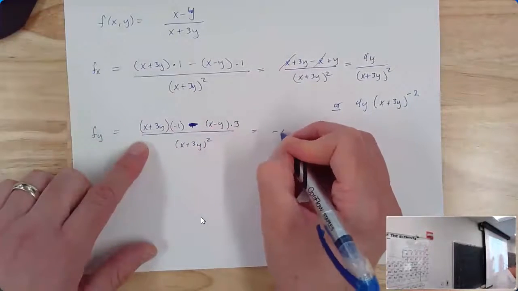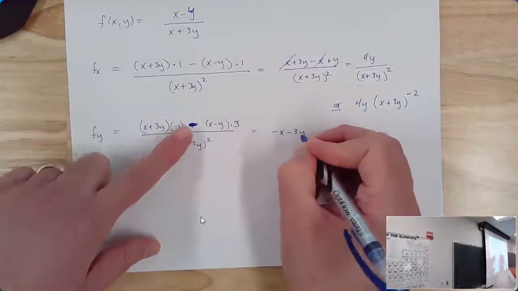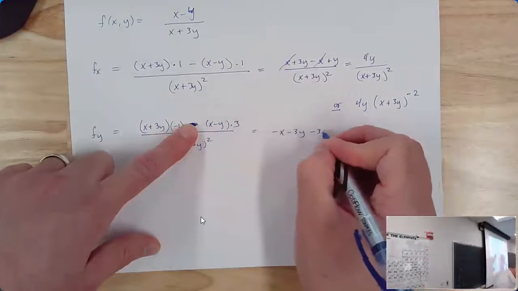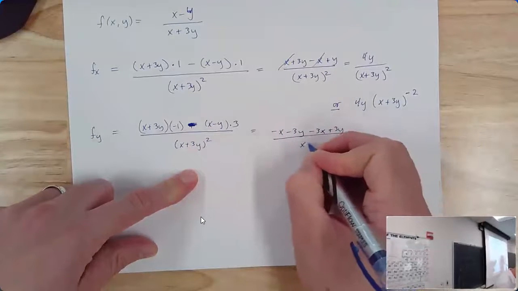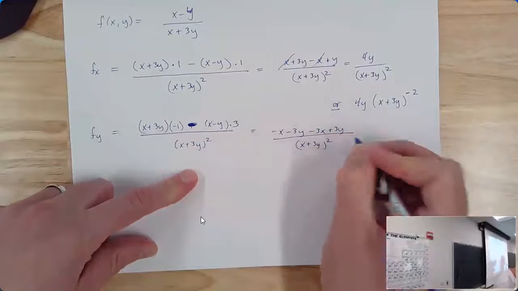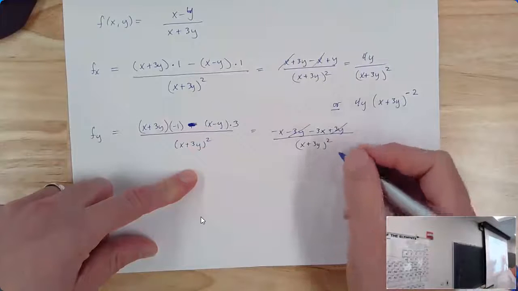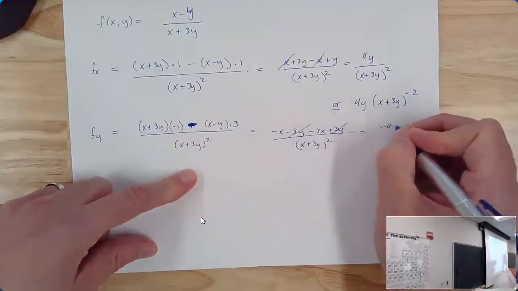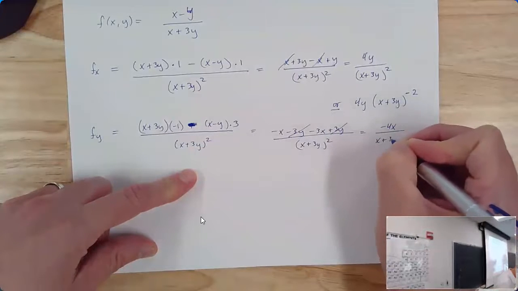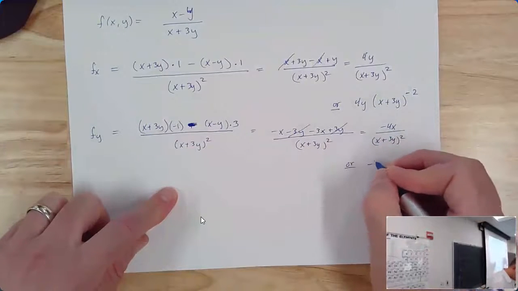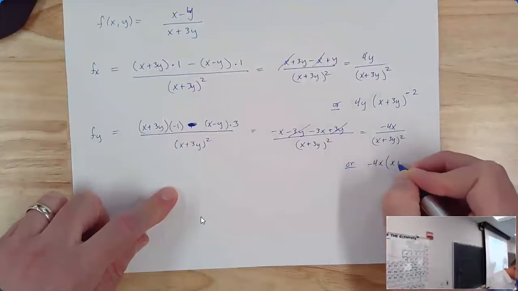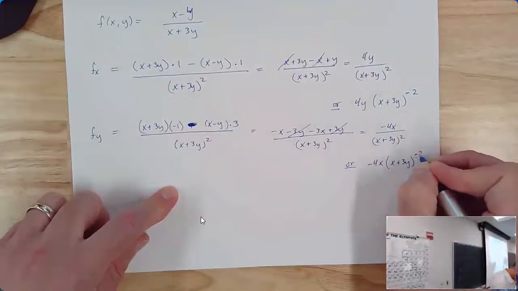We've got negative x minus 3y minus 3x plus 3y, all over (x plus 3y) squared. It looks like those 3y's cancel. So I have negative 4x over (x plus 3y) squared. Or maybe negative 4x times (x plus 3y) to the negative 2nd.